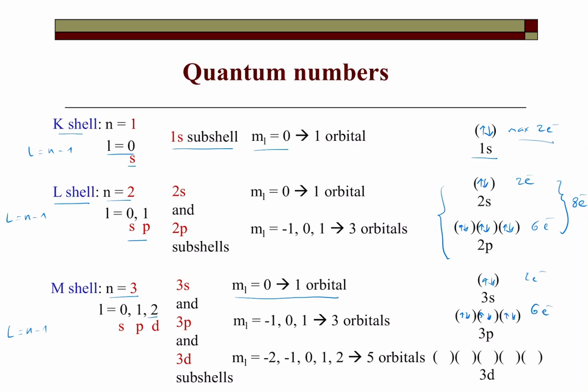Now, because we found the other l is plus 2, from minus 2 to plus 2, we find the subshell is the d orbital. It's from minus 2 to plus 2. It is 5 orbitals, and we can have a maximum of 10 electrons. Altogether it is 18 electrons.